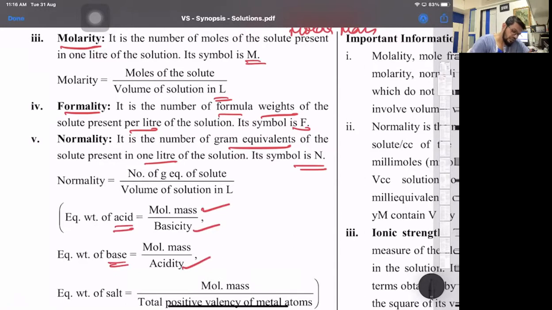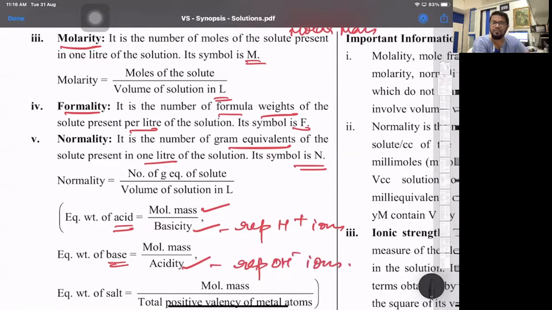What is basicity? Number of replaceable H+ ions. And what's acidity? That's the number of replaceable OH- ions. Okay, so we can talk about the equivalent weights of the acids or the bases.